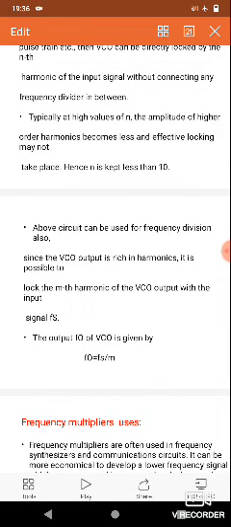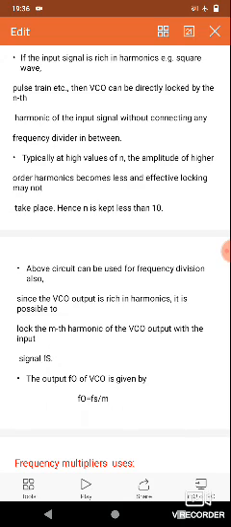For typically high values of n, the amplitude of higher harmonics becomes less, so effective locking may not be possible for n greater than 10. Hence n will be less than 10 only. The amplitude of higher order harmonics becomes less and effective locking may not take place, hence n value will be less than 10.